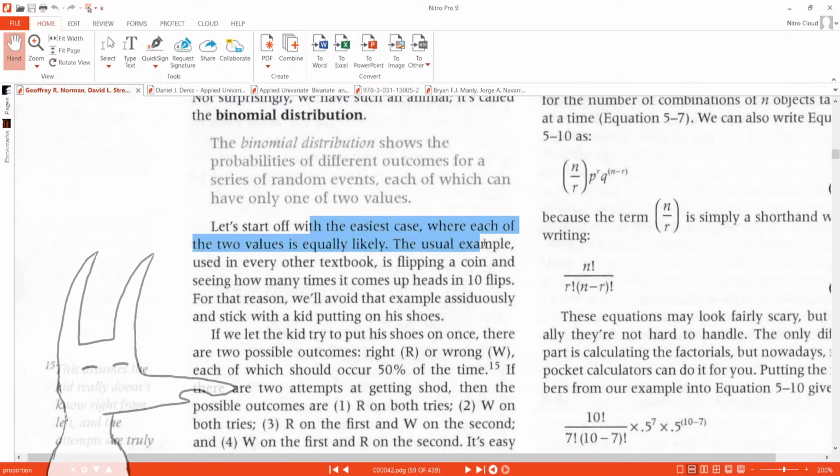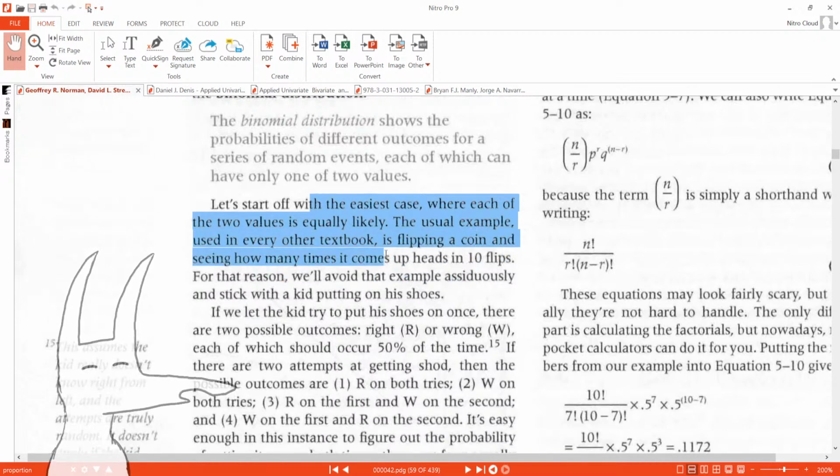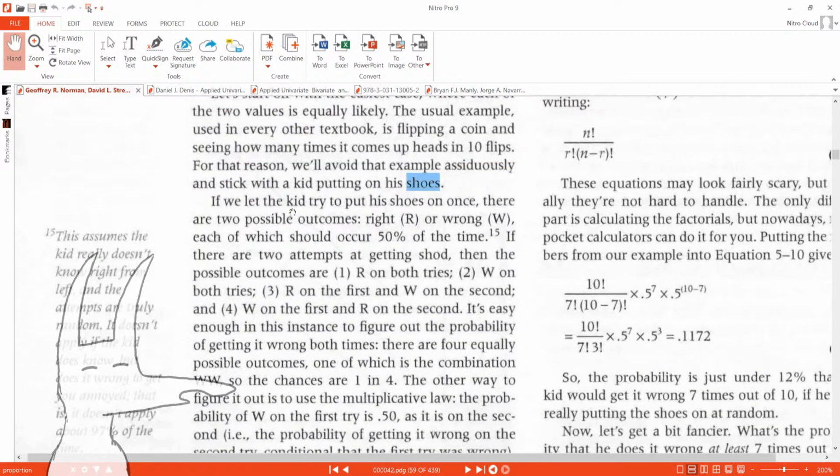Let's start off with the easiest case where each of the two values is equally likely. The usual example used in every other textbook is flipping a coin and seeing how many times it comes up heads in 10 flips. For that reason, we'll avoid that example assiduously and stick with the kid putting on his shoes. If you let the kid try to put his shoes on once, there are two possible outcomes, right or wrong, each of which should occur 50% of the time.